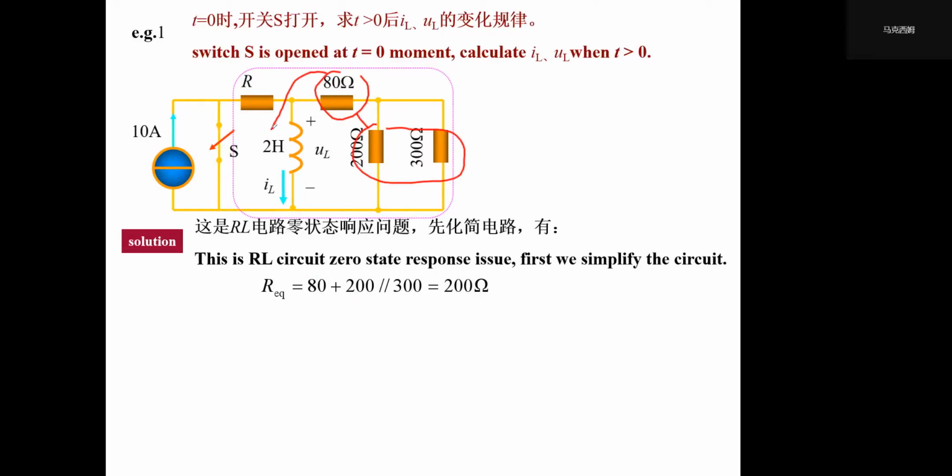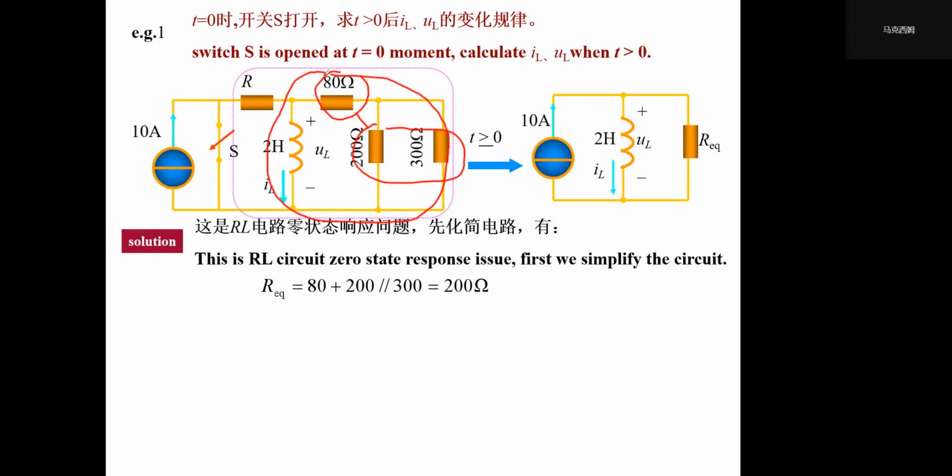So this part is actually a typical RL part. Then we can simplify this into this one. And we can calculate the corresponding tau.